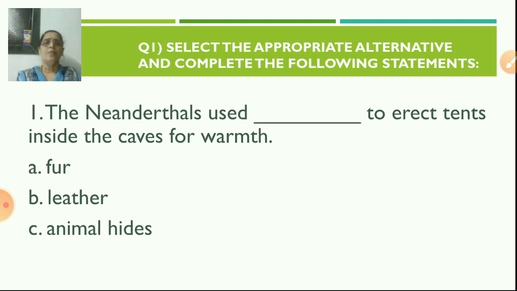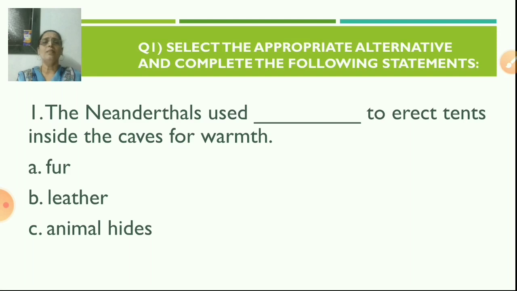Question first. Select the appropriate alternative and complete the following statements. First, the Neanderthals used dash to erect tents inside the caves for warmth. Options are A. Fur, B. Leather, C. Animal hides.